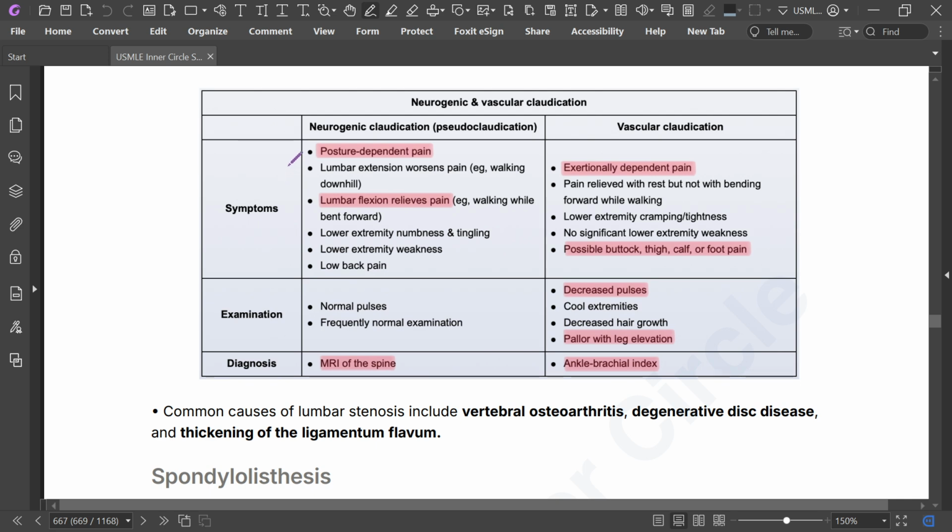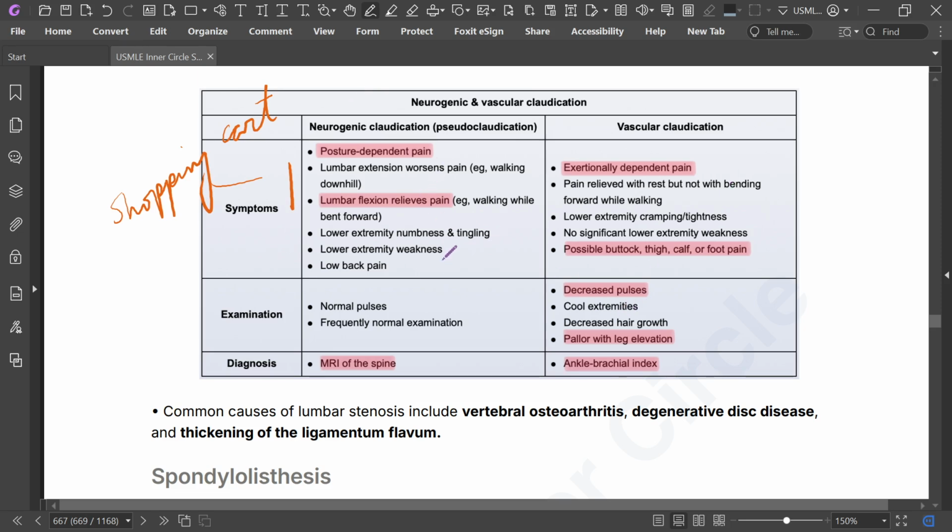There is a sign called the shopping cart sign, by which we can diagnose that it is a neurologic claudication. So lumbar flexion relieves pain, lumbar extension causes pain.